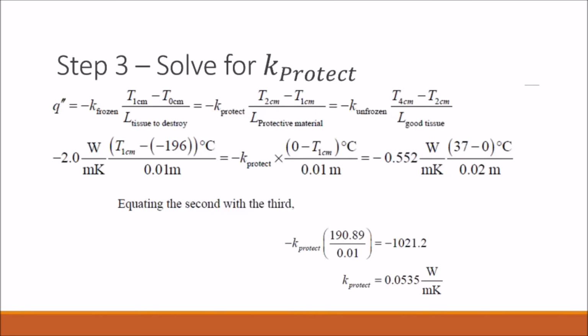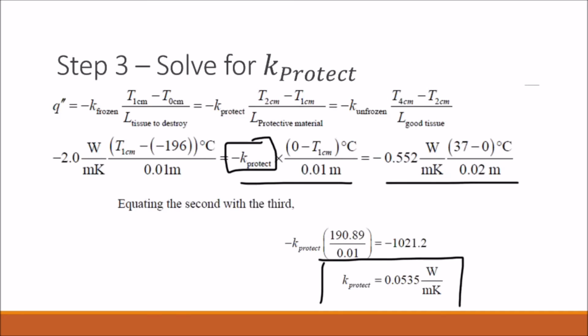Finally, using our temperature at 1 centimeter, we can equate the second flux with the third flux to solve for our thermal conductivity of the protective layer. And in the end, we determined that the thermal conductivity necessary is 0.0535 watts per meter Kelvin.